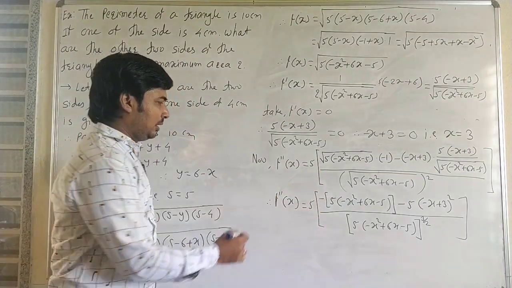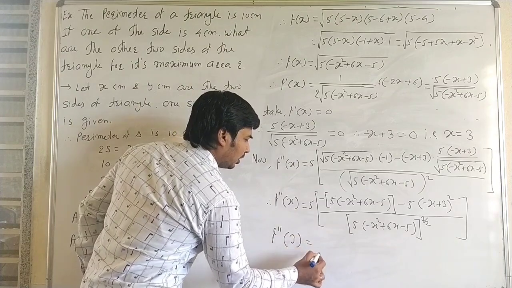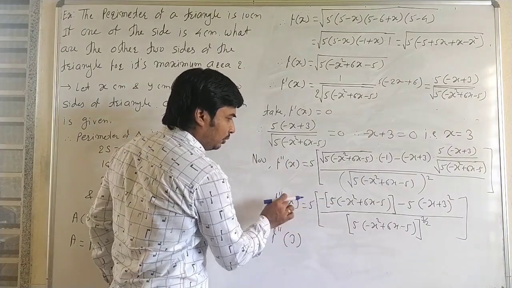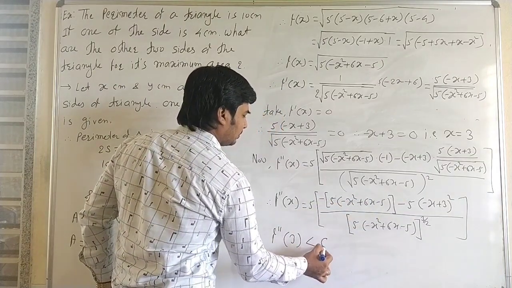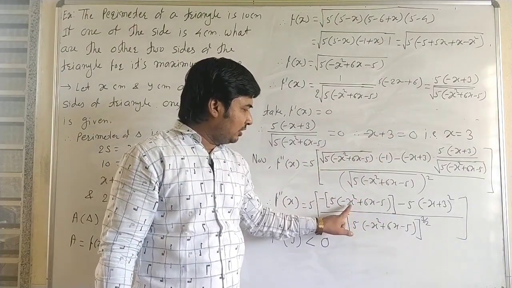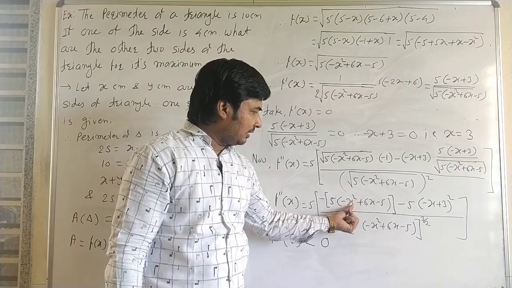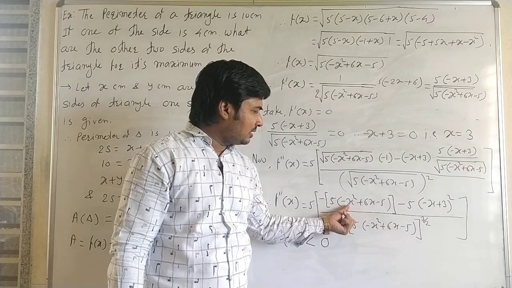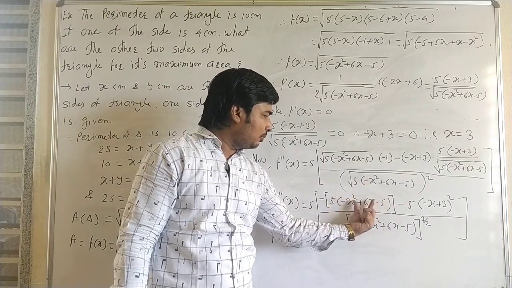Numerator, when we put f double dash of 3, when we put x replaced by 3, then it is less than 0. Put 3 in place of x, it is 3. Okay, 3 square it is minus 9. Here 18 minus 9 minus 5 it is 4, minus 14 plus 18 it is plus 4.